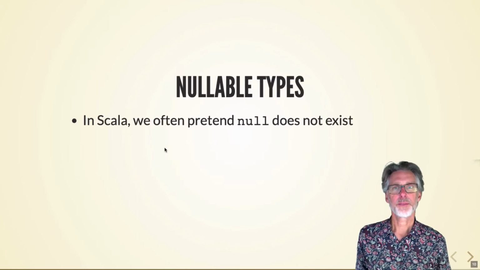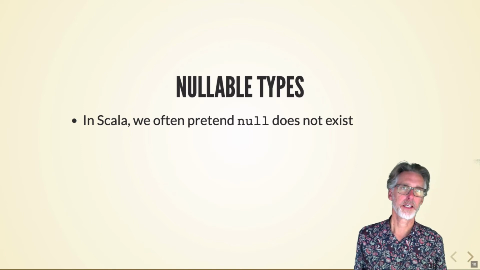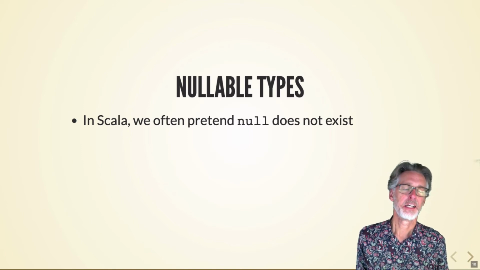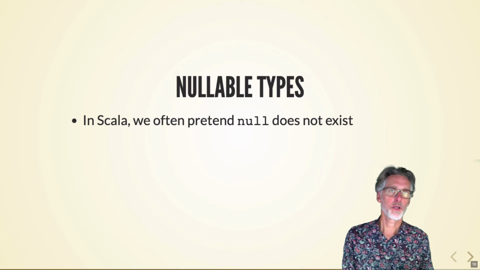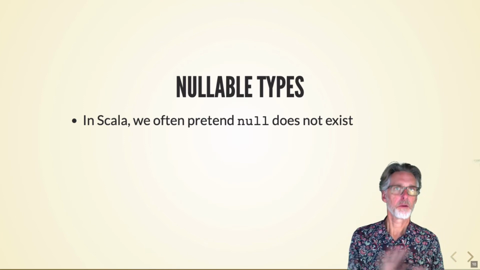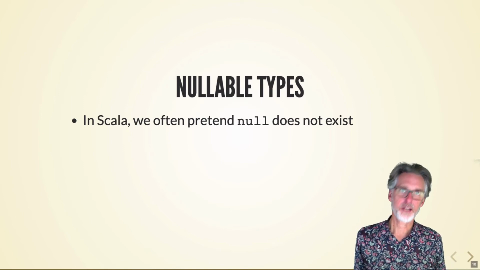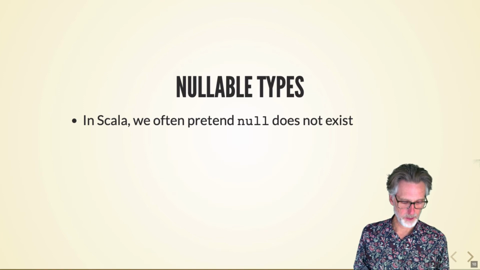In Scala, the style of programming usually is to simply pretend that null doesn't really exist. It is there under the hood, but we often expect programmers to avoid null problems, and the style of programming in Scala often does avoid these problems.